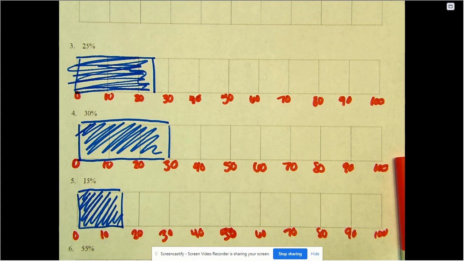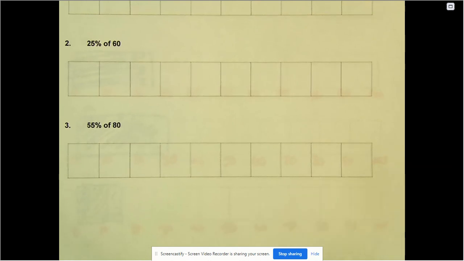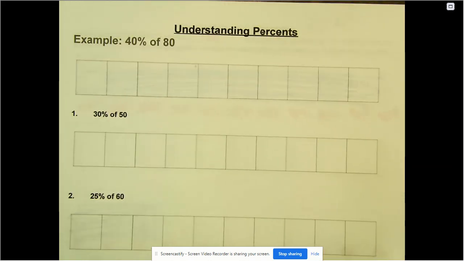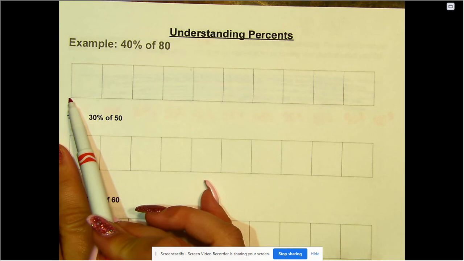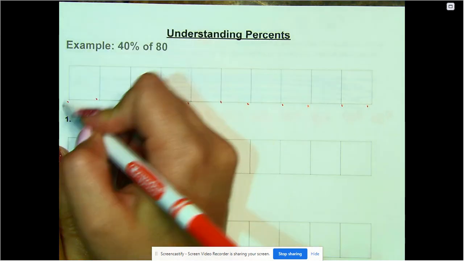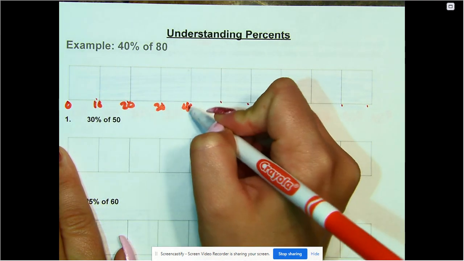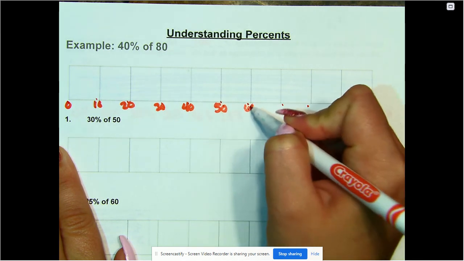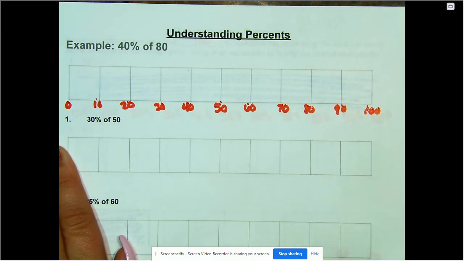Okay, so since this was just a review of 6th grade material, we're going to kick it up a notch. And we're going to also review some of the 6th grade material of understanding how to find a percent of a number. Okay, so example, 40% of 80. So first, let's take a look just to make sure that my percent bar is still split into 10: 0, 10, 20, 30, 40, 50, 60, 70, 80, 90, and then 100.